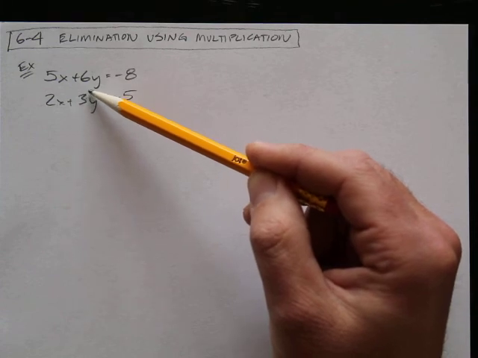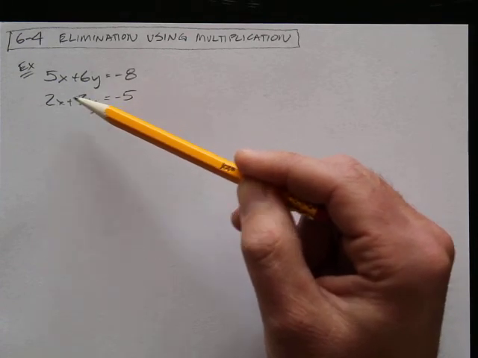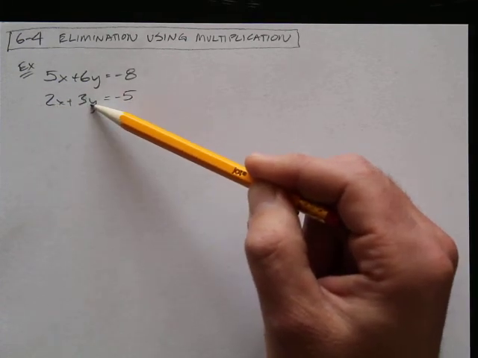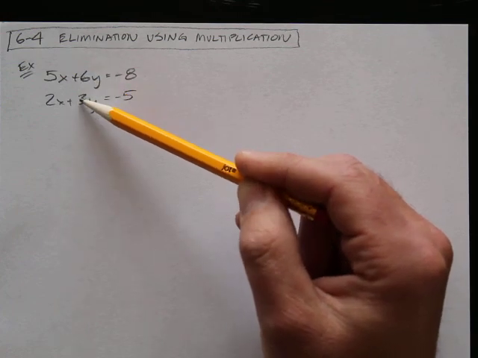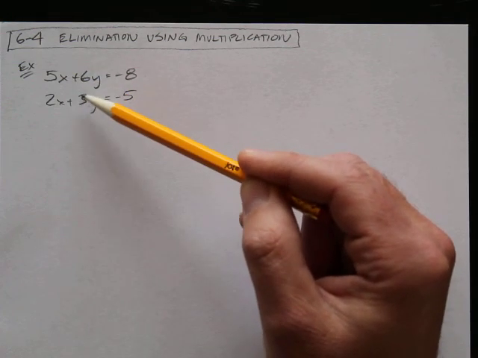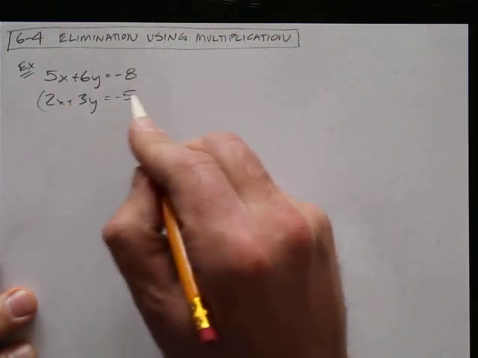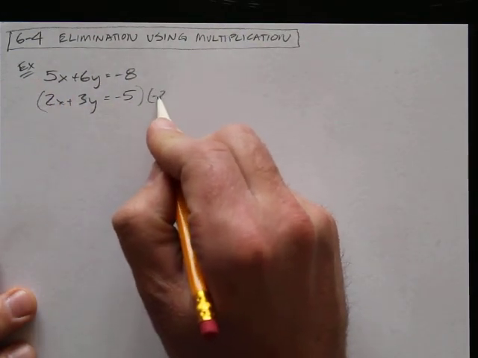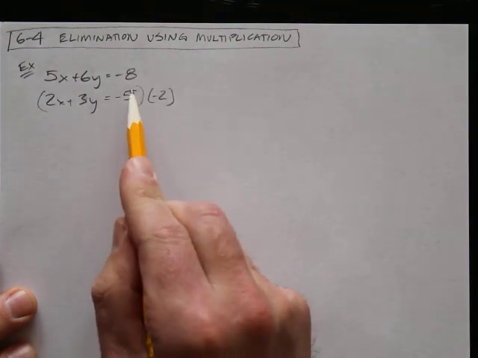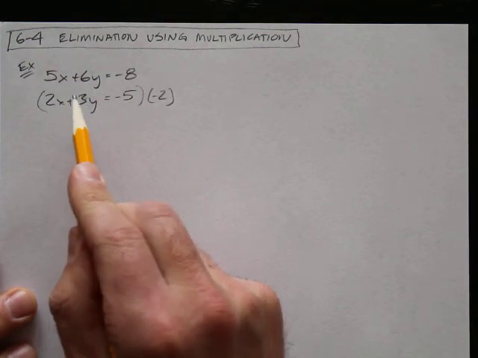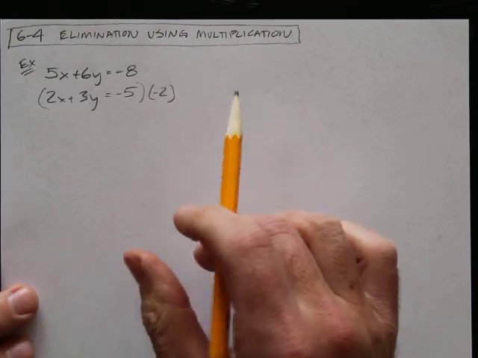So I can make this 6y by multiplying everything by 2. But I want it to be -6y, because I want to be able to subtract and make this 0. So I'm going to take this whole thing and multiply by -2. I'm multiplying the right by -2 and the left by -2. What I do to one side, I do to the other.